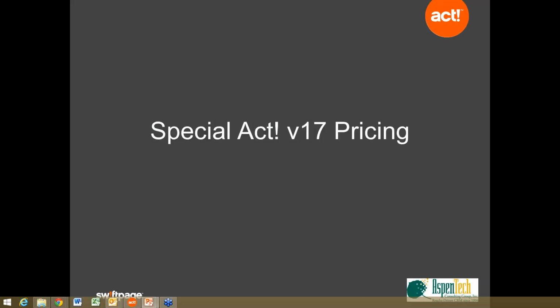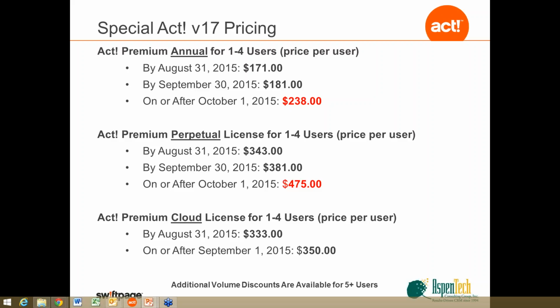So there's a few new plans here relative to ACT version 17, and we've secured some excellent pricing from Swiftpage for the next month and a half or so. Let's take a look and see how that shapes up. All the pricing you're looking at here is for clients with 1 to 4 licenses. Anybody with 5 or more licenses, there are some additional volume discounts. We can talk to you individually about those.